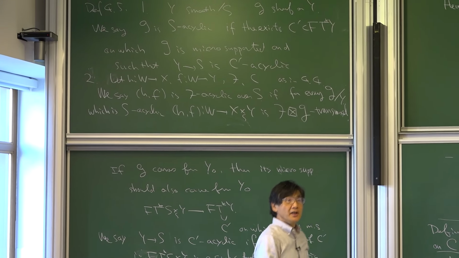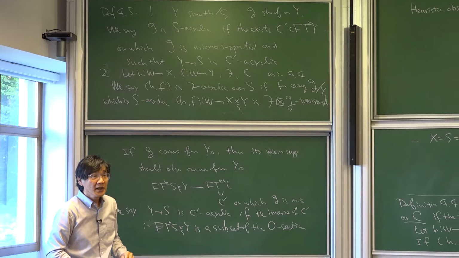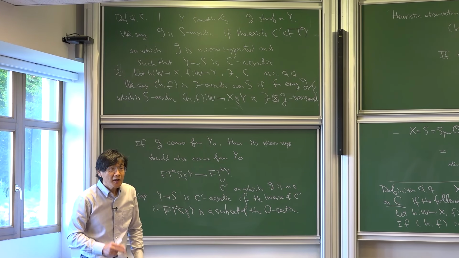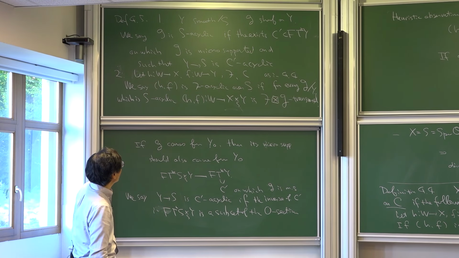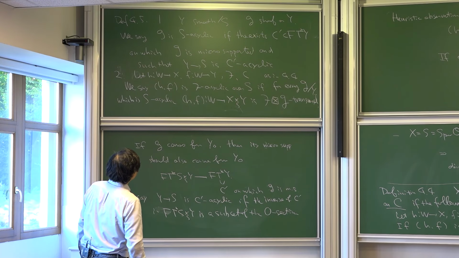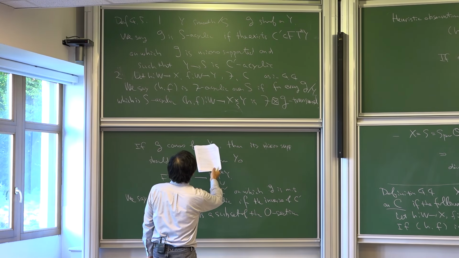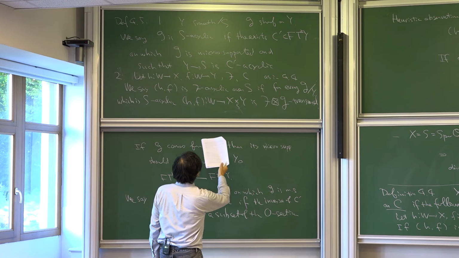Does this condition imply that R phi is 0, that the vanishing cycles of G are 0? So this is something weaker than local acyclicity.